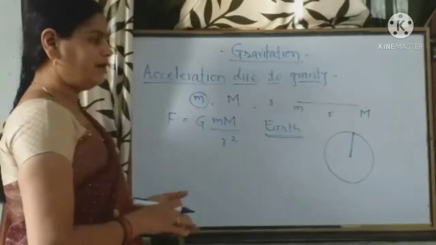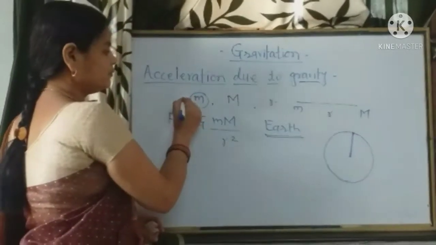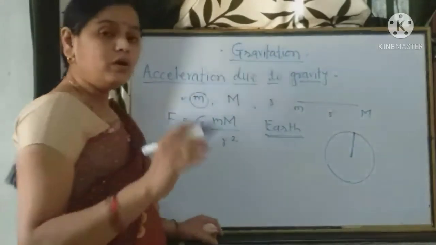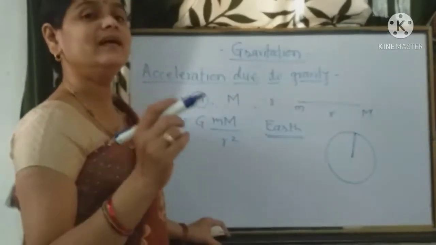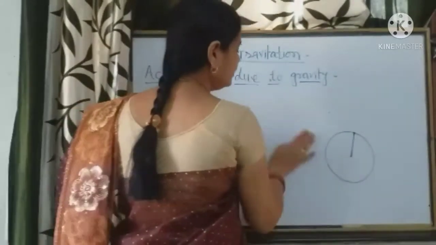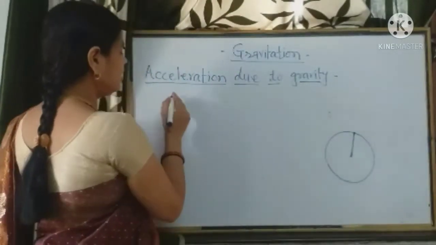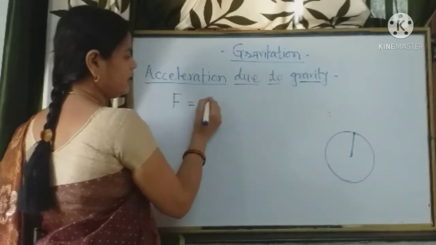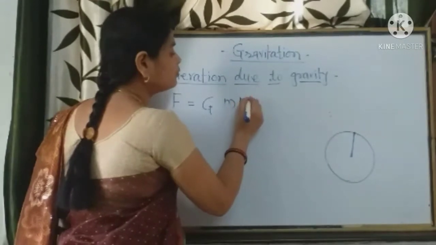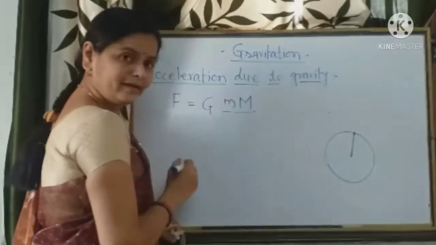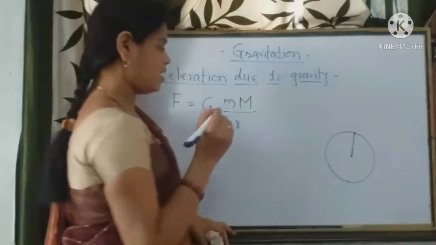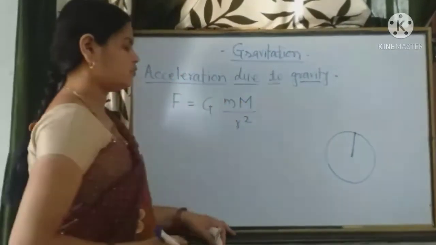So now we will find out, say m is the mass of a point mass of a body on which earth is exerting gravitational force. Then what will be the formula to calculate this? It is nothing but the gravitational force exerted on a point mass m due to earth, that is an extended body, which is separated by a distance, say r. What does it mean?